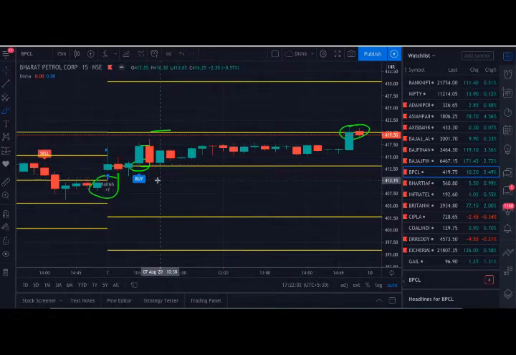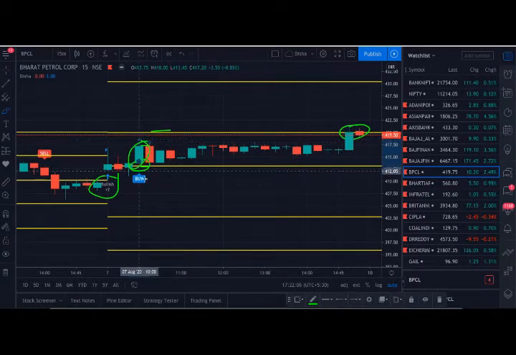For BPCL, you can see this candle was formed giving the breakout to this resistance level. In this case, you can place a buy order above this candle, and the first target will be this one.